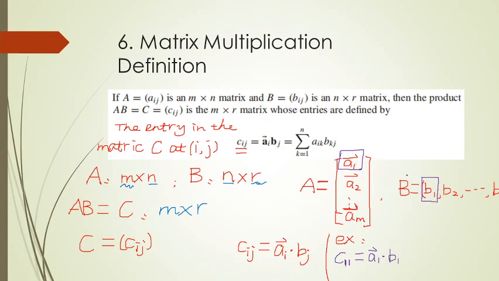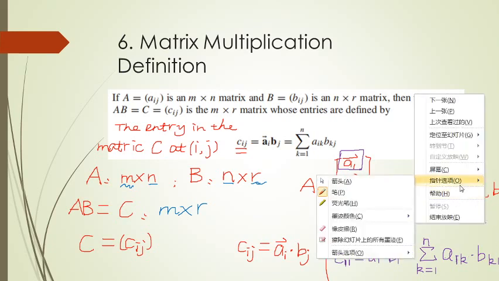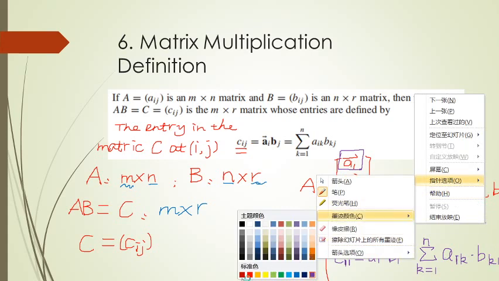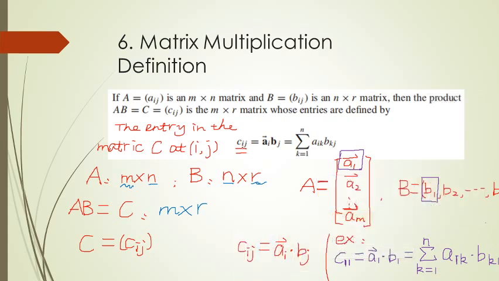That will be each element in the vectors, take the product. That's why we write k from 1 to n, a1k times bk1. I will give you one specific example, then we can calculate all the entries in the new matrix C, okay?